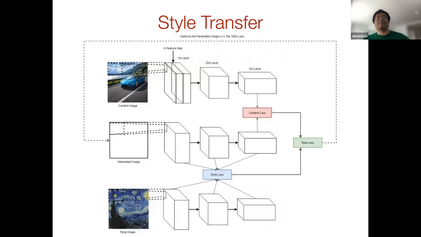So on the one side, we have definitely the input of the so-called content image. We want the content of the image to be close: if we have input of the content image as a car, definitely the output should be very close to a car. But on the other side, you have the style image and you want the style to be similar.